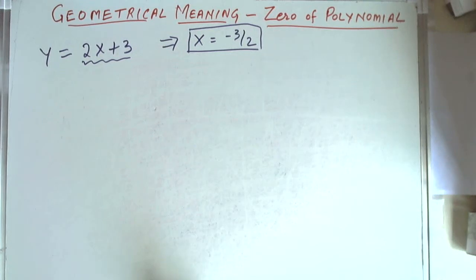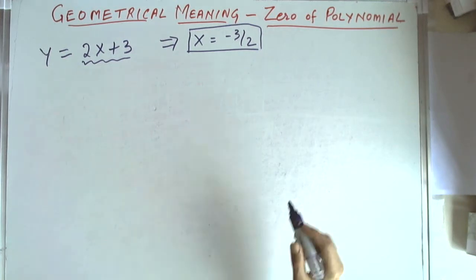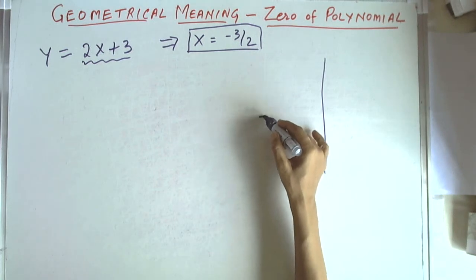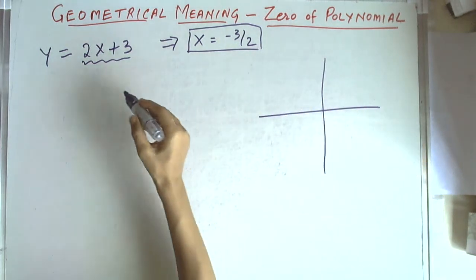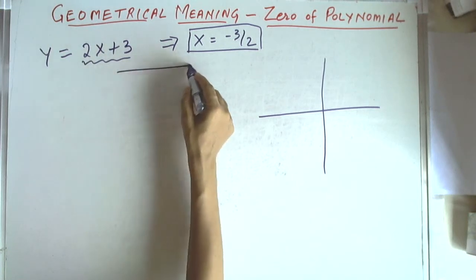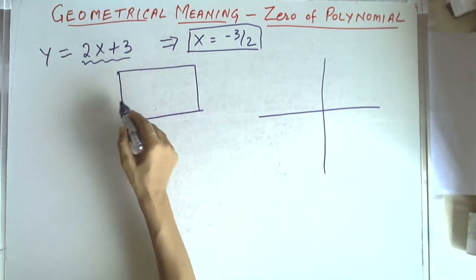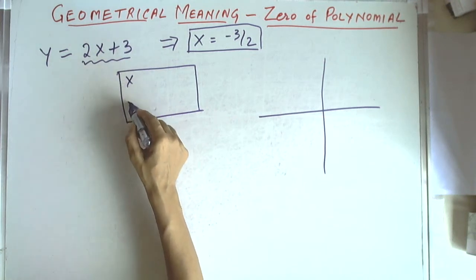So if we take this polynomial y is equal to 2x plus 3 and we plot it now on a graph paper, here again we make our table, that is x and y.